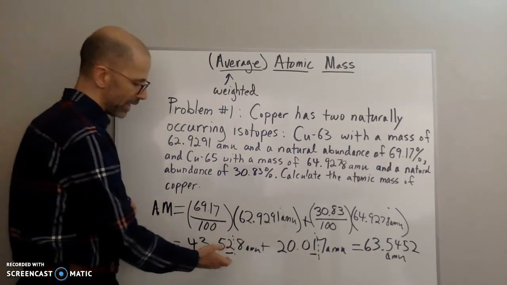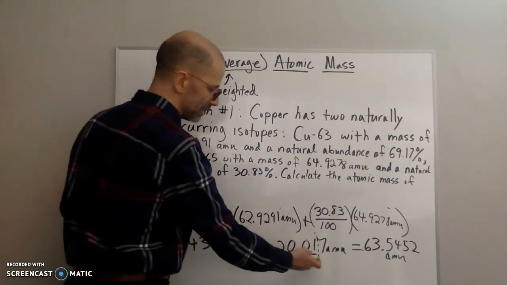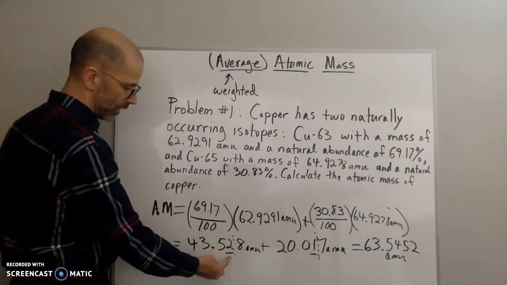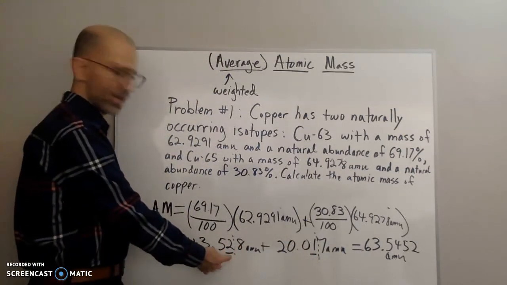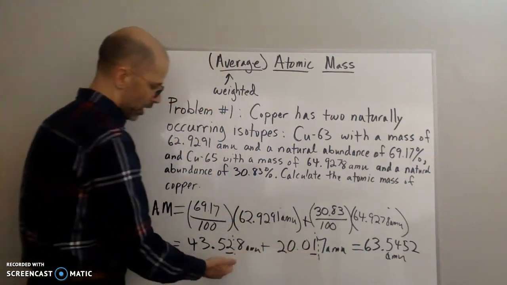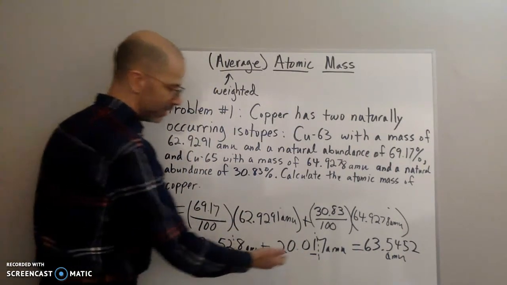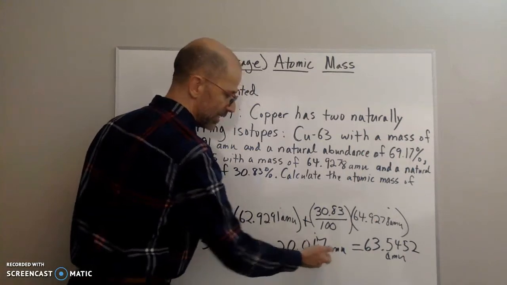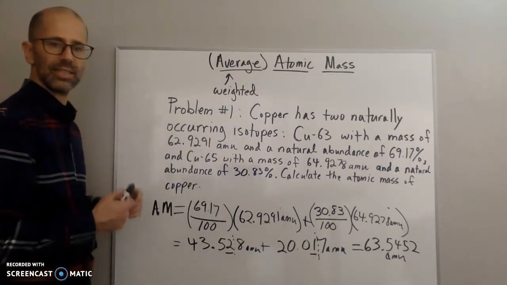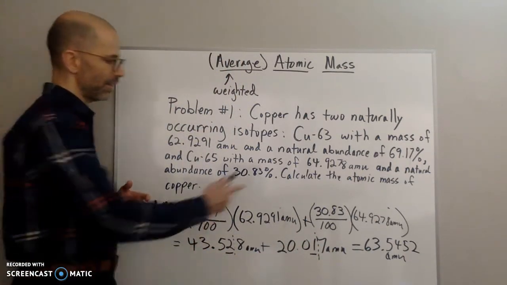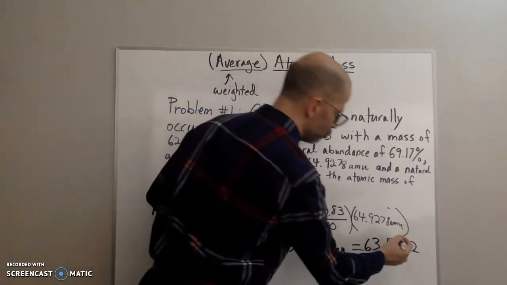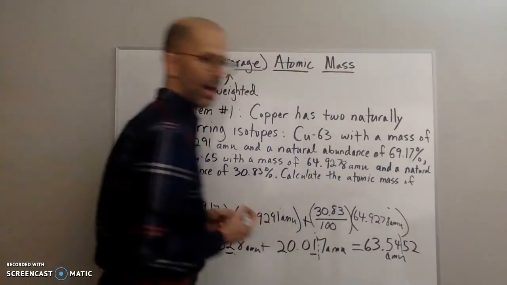So when I'm looking at the number of decimal places for each answer, I'm only allowed to go up to the 2 here and the 1 here. So this has 2 decimal places, not 3, and this has 2 decimal places, not 3.